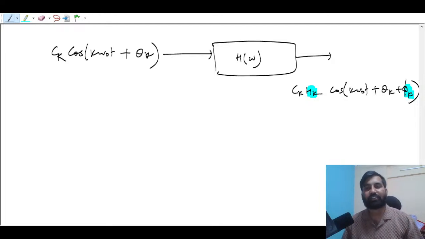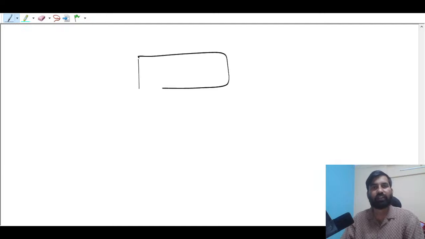Okay, that can be computed using H. That is very important to keep in mind. So we have to evaluate the magnitude of the frequency response at the input frequency only. That is very important.